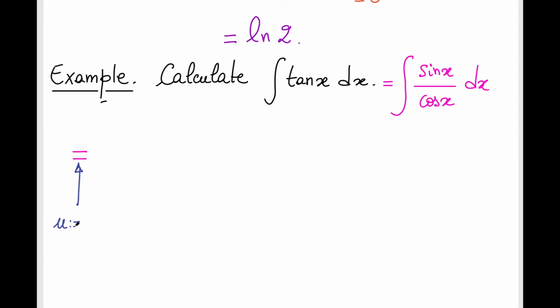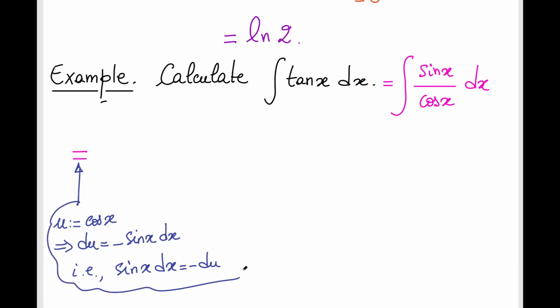How about we call u cosine of x, and as such du is negative sine of x dx. Agree? So that is to say, sine x dx is negative du. Correct?